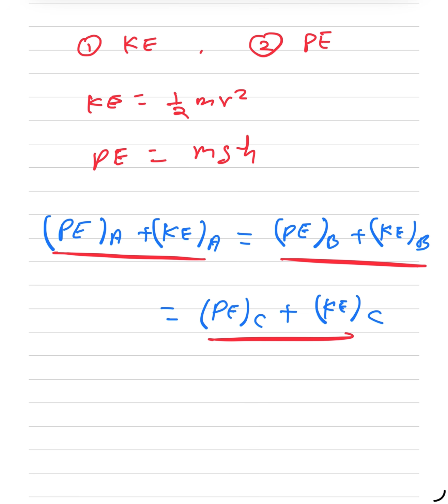If kinetic energy increases with time, then potential energy decreases at the same rate, because the sum of kinetic energy and potential energy remains constant from the energy conservation law.